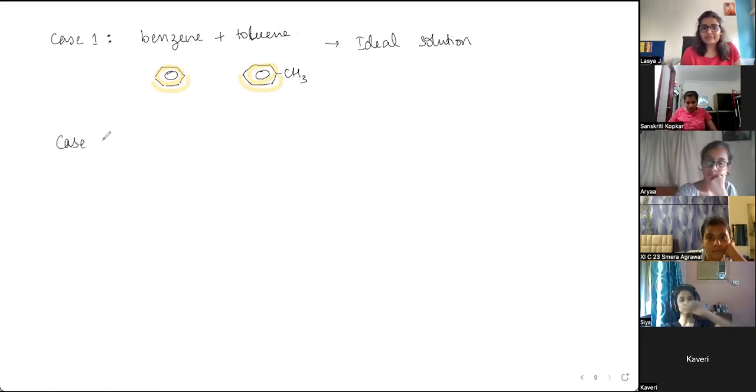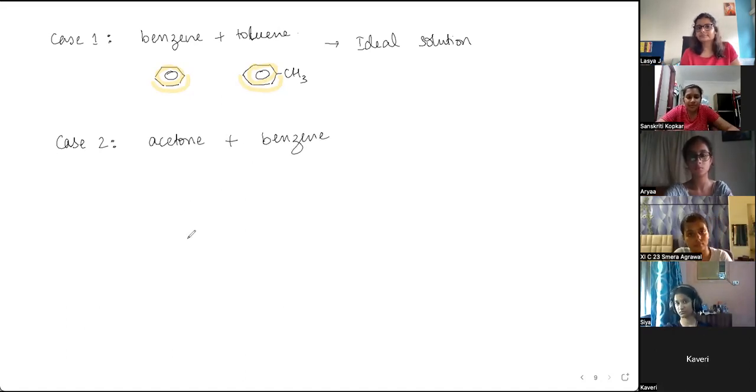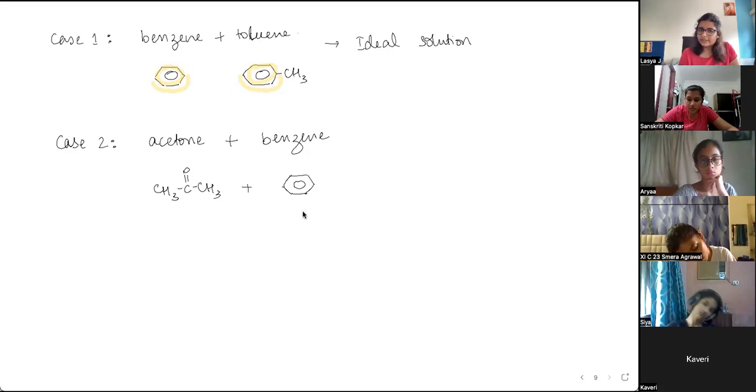Now let's look at a different case. If we mix acetone plus benzene. Acetone has CH3, C double bond O, CH3. Benzene has a ring structure. So benzene has certain attractions and repulsions.